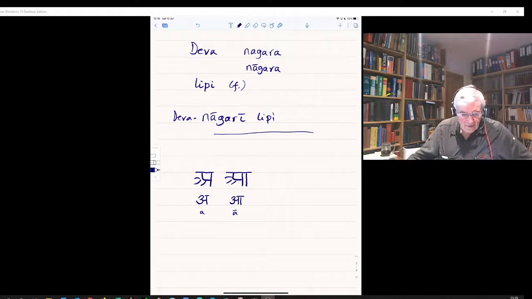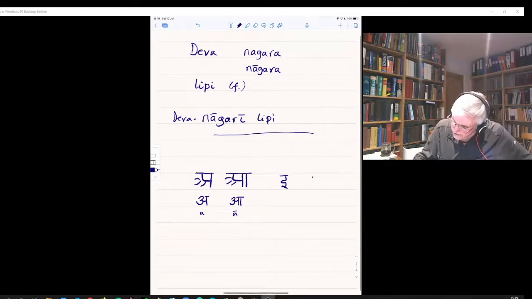E and E, they will be pretty much the same in print and in handwriting. This is E, the crossbar, and the E is exactly the same letter, but with the hook on top. The E and E.